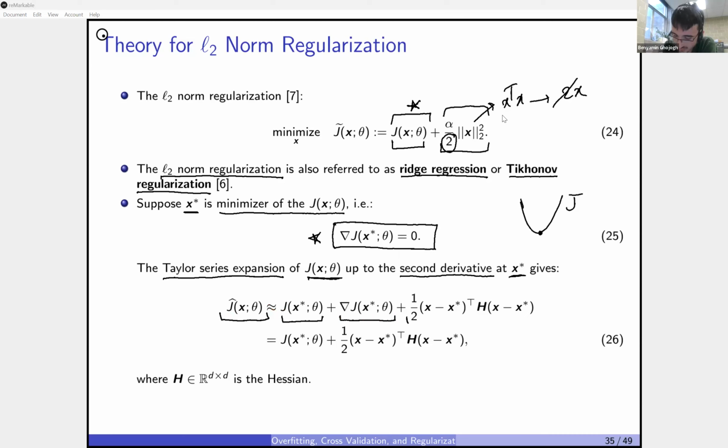The second term of the Taylor series has the Hessian in it. Then, interestingly, we know that this term is 0 because of this. Note that we are considering the Taylor series at x star. This term is 0, so it will be only this term and the Hessian term.